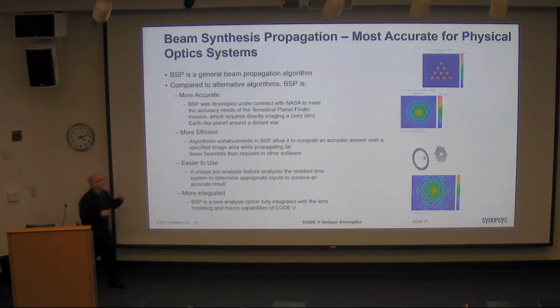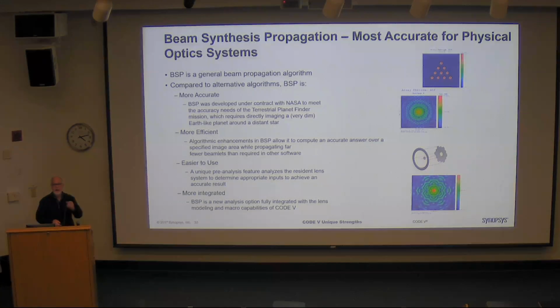Beam synthesis propagation allowed them to essentially achieve this result. With the tools that were available, they had calculated about a 1-year computation time. With beam synthesis propagation it was about 3 weeks. For many problems, beam synthesis propagation can do the analysis in seconds.